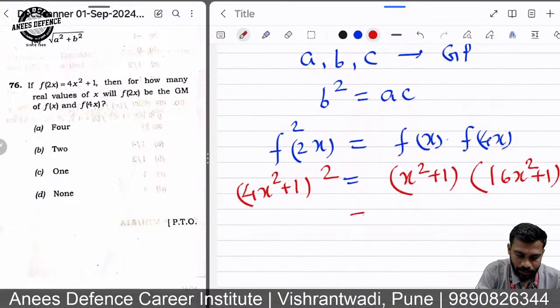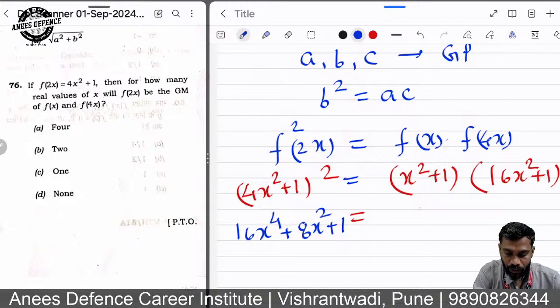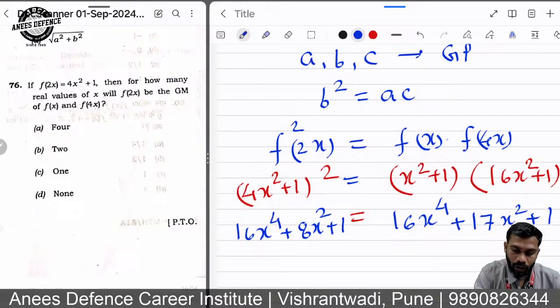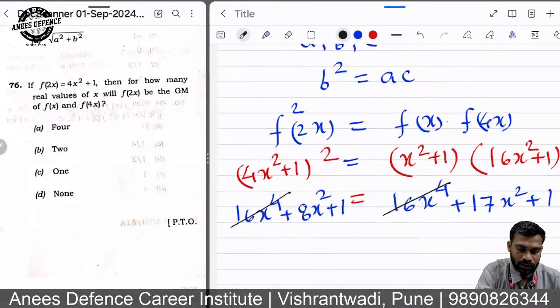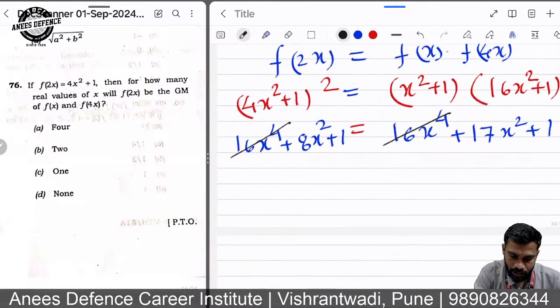Let us simplify this. So this will be 16x raised to 4 plus 8x square plus 1, using a plus b whole square, and this will be equal to 16x raised to 4 plus 17x square plus 1. Now the 16x raised to 4 terms will get cancelled, and 1 and 1 will get cancelled.